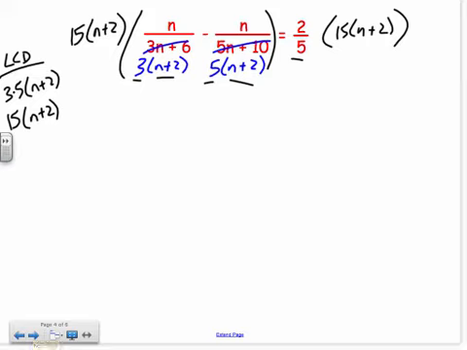Well, the left side, I distribute it to that first one. If I look, my n plus 2's cancel. So this is going to cancel with this n plus 2. And 3 goes into both 15 and 3, so I'm left with just a 5 up top here.